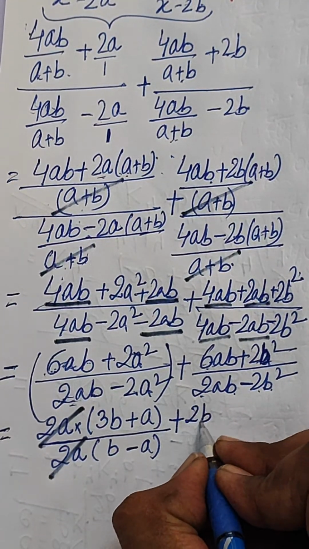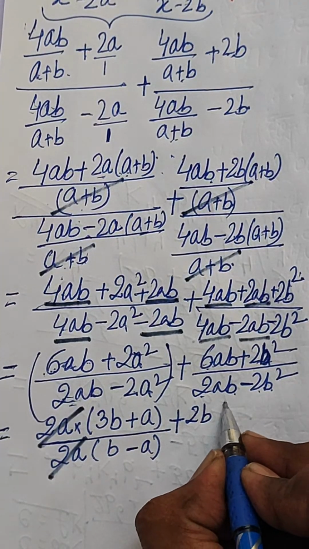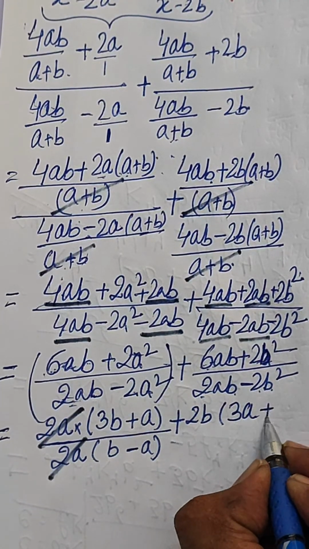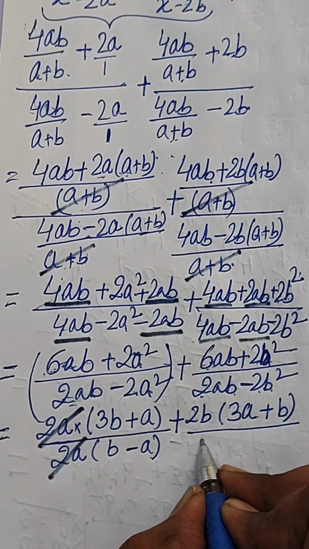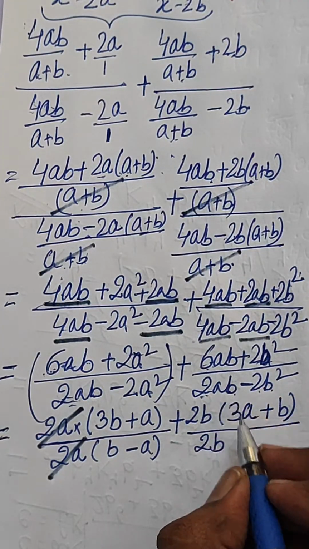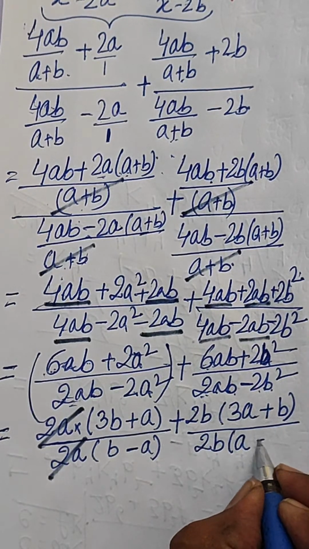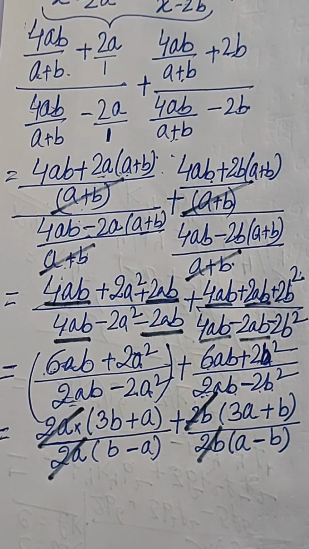So we can write as we did in the first fraction. After taking 2b as common, we have 3a plus b divided by, when 2b is taken common from the denominator of the second fraction, we are left with a minus b. Again we will take that benefit, and 2b will be cancelled out, right?